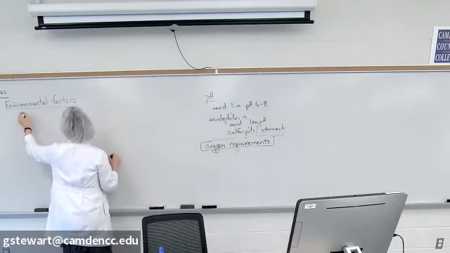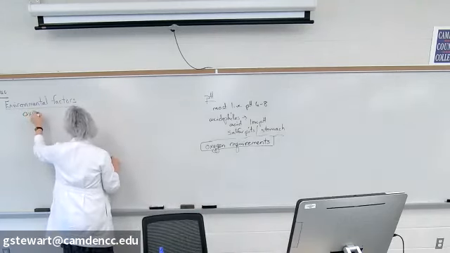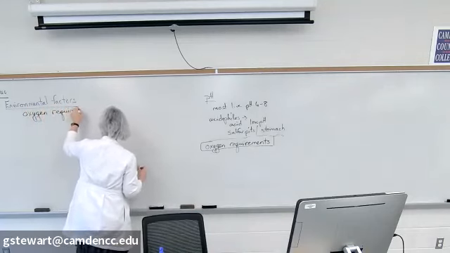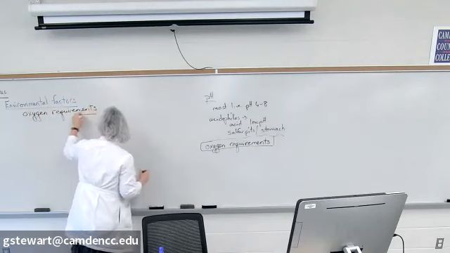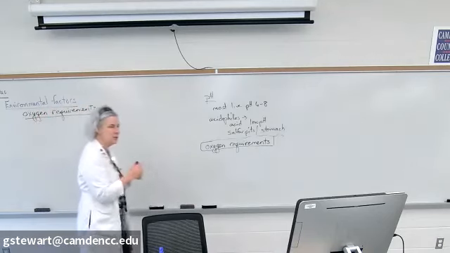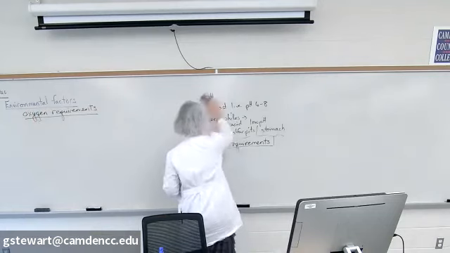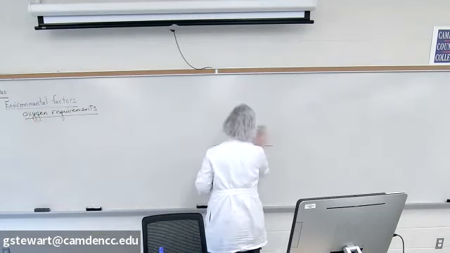All right, let's talk about oxygen requirements or gas requirements. It's really about oxygen. And this is a little tricky because it's kind of a two-factor idea that we're talking about.